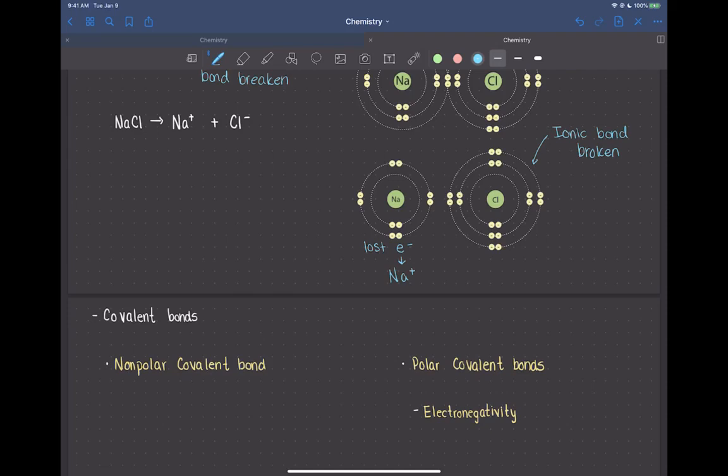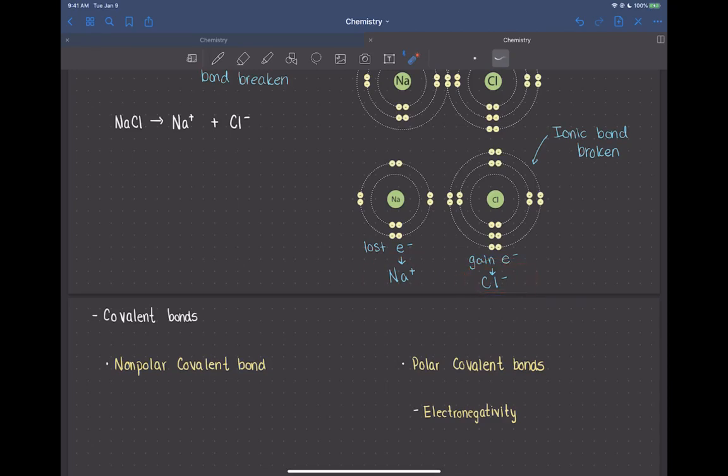It's lost an electron. Our chloride has gained an electron. It's become more negative. And that's why we always write chloride with a negative charge. And so remember, this would be our cation because it's positive. This would be our anion because it's negative.